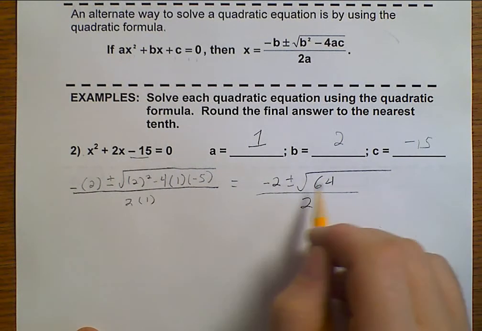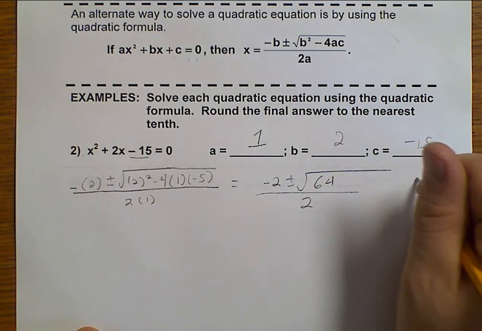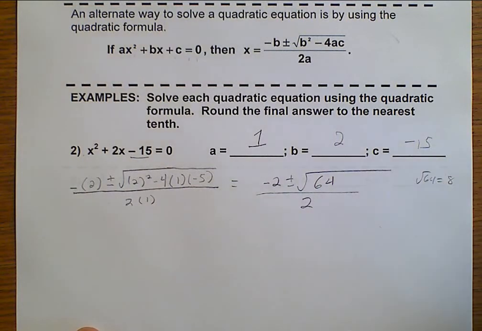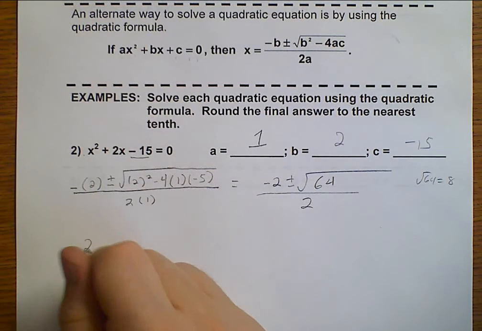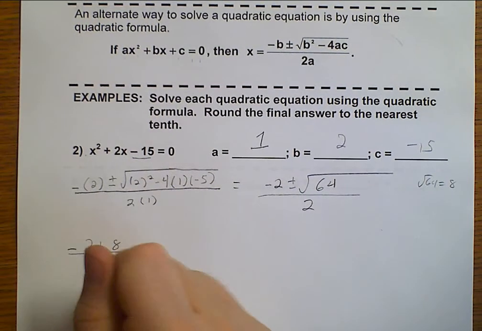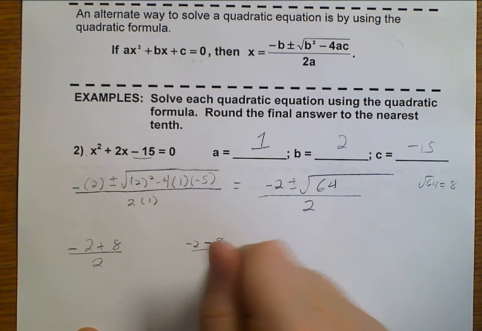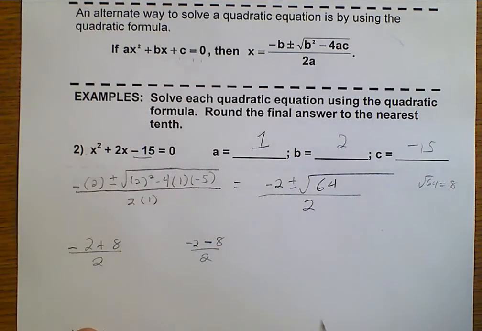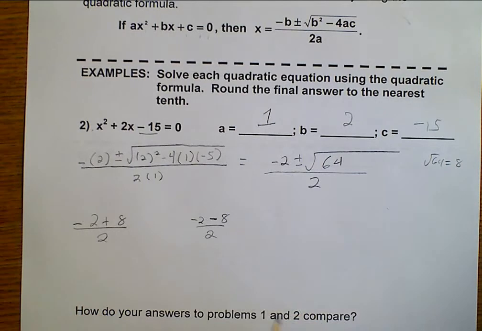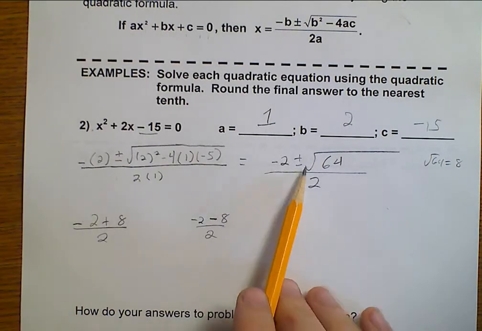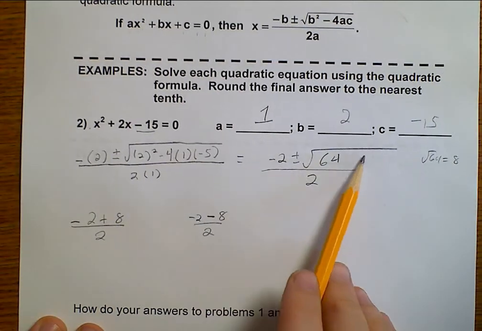Well, the square root of 64 is 8. And so I'm going to rewrite this as negative 2 plus 8 over 2 and negative 2 minus 8 all over 2. Just taking this, replacing the square root of 64 with 8.